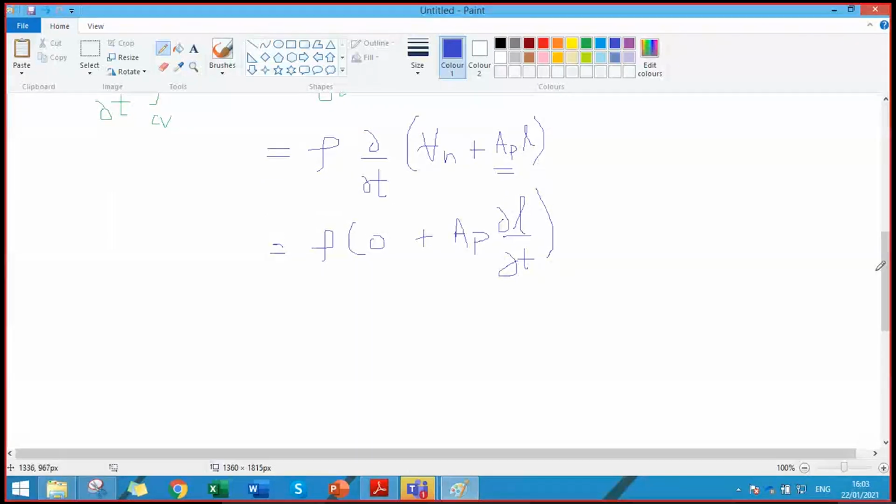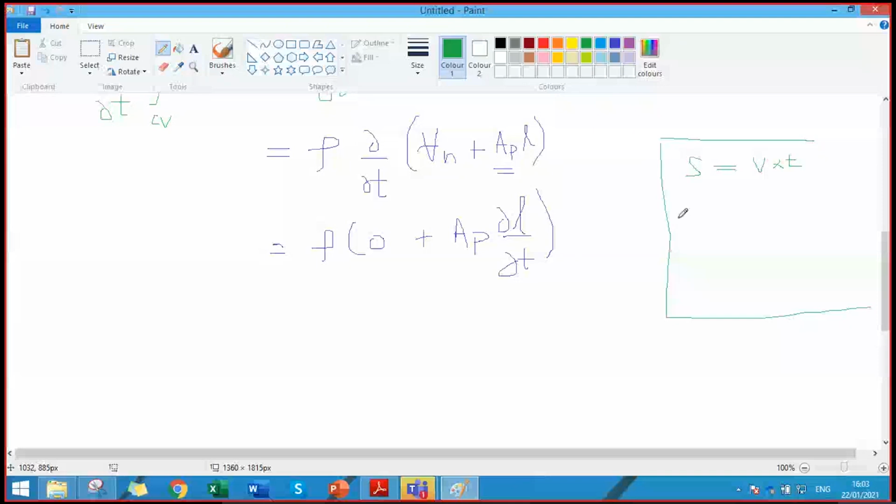Now if we see, okay, just write it on a side here. What is happening basically? Distance is velocity into time, right? And in this case the distance is negative because it's decreasing, right? So the displacement is basically decreasing.